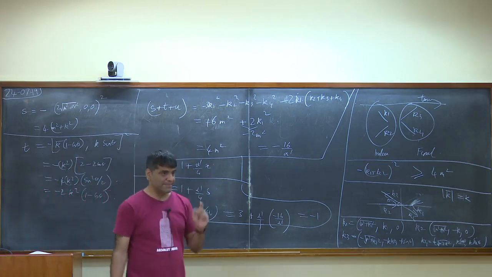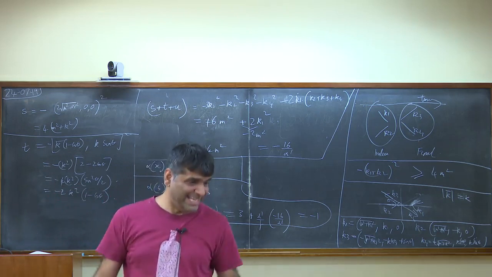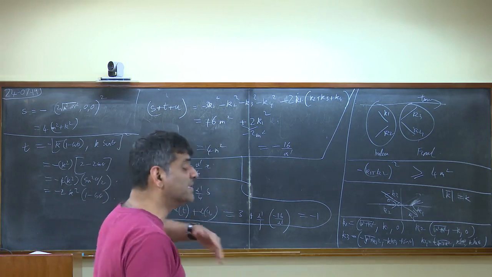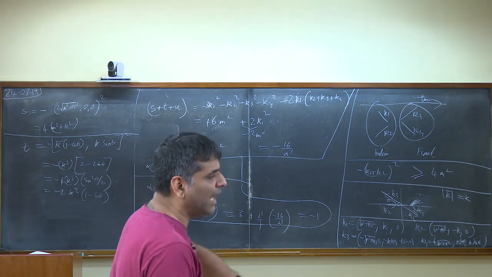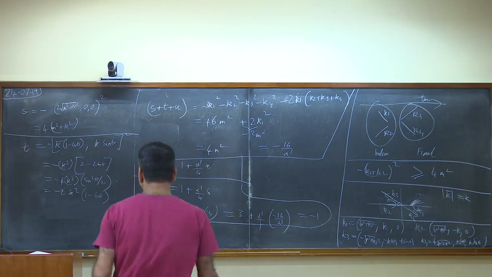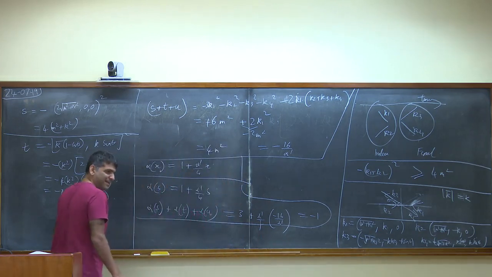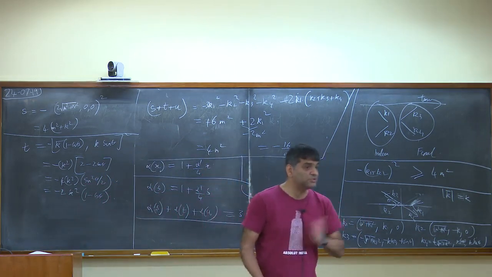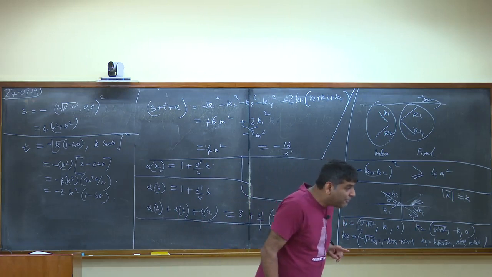So what you see is this: T is essentially, in units of the momentum square, a measure of the deviation of cos theta from 1. Apart from this normalization, T is 1 minus cos theta. In particular, T goes to 0 at forward scattering.